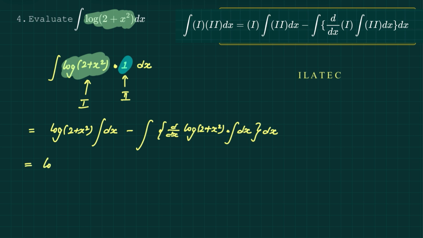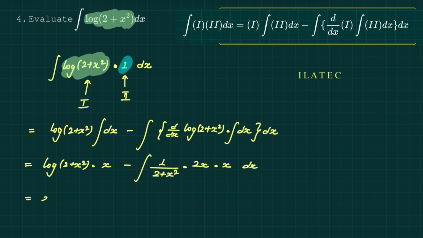This equals log of 2 plus x square into integration of dx is x, minus integration of d/dx of log of 2 plus x square is 1 by 2 plus x square at first, and by chain rule derivative of 2 plus x square is 2x, into integration of dx is x, and the outside dx.